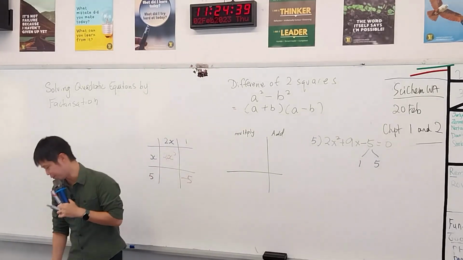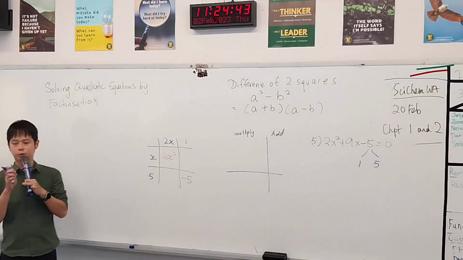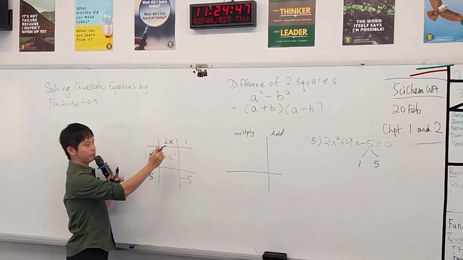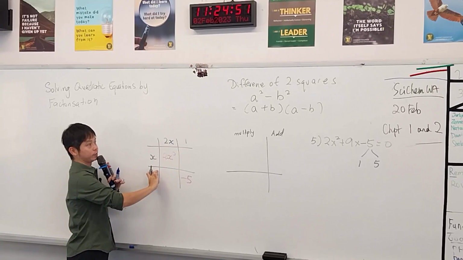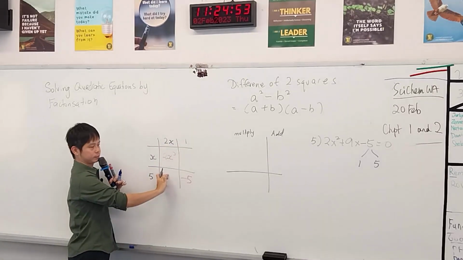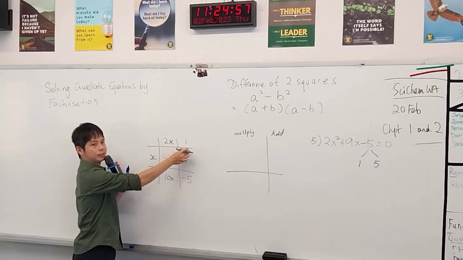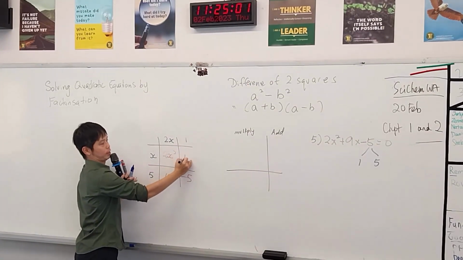Now, don't put the negative sign first. The negative sign is the last thing that we put, otherwise it gets very complicated. So let's multiply first. This is 2x, this is 5, so we get 10x. This is 1, this is x, so we get 1x.